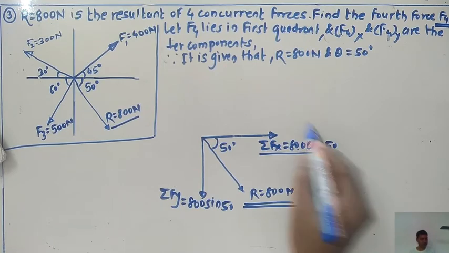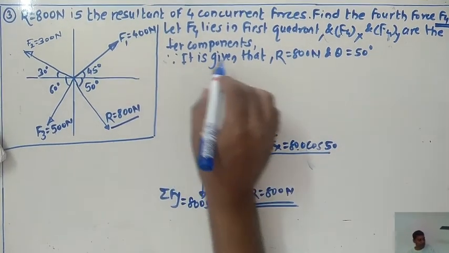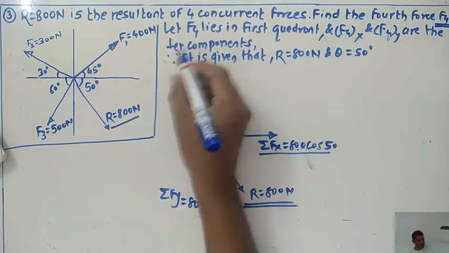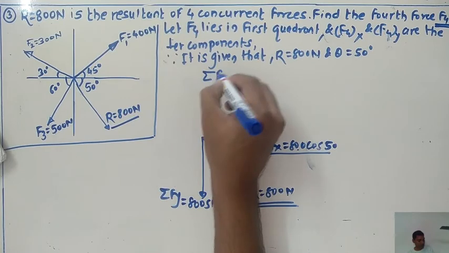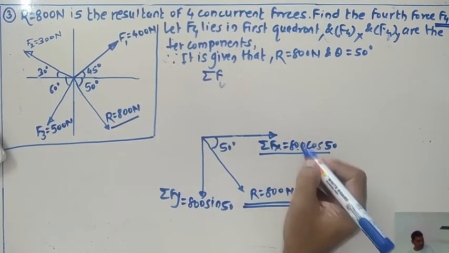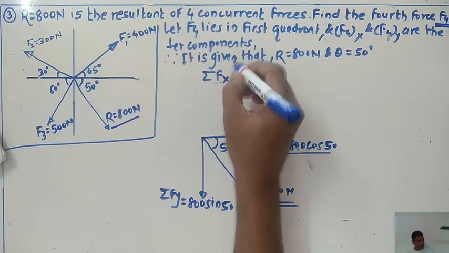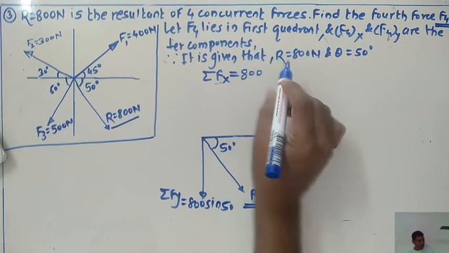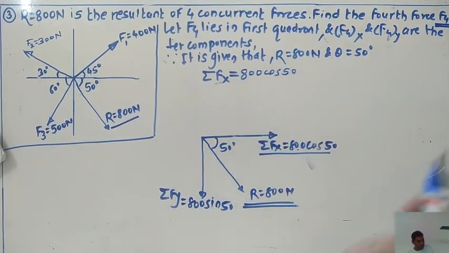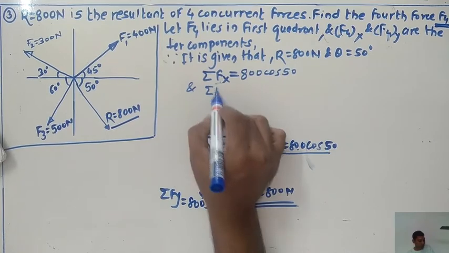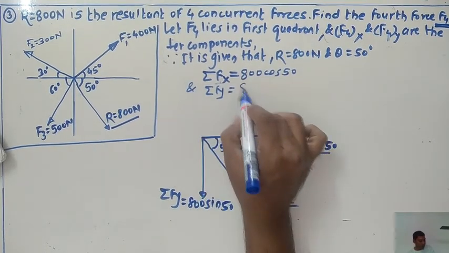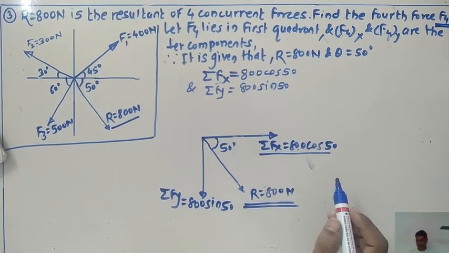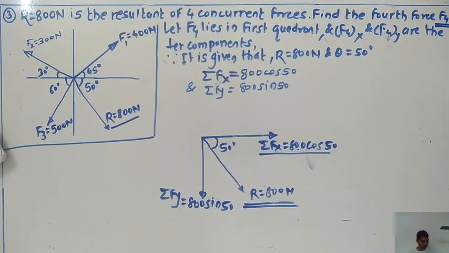I think now this picture is clear to you. So it is given that R equals 800 Newton and theta equals 50 degree. It indicates summation of Fx, the component of the resultant R along the x direction, is 800 cos of 50, and the second one, summation of Fy, equals 800 sine of 50. In this way we have the components. Use these components again, this will be clear in the next step.